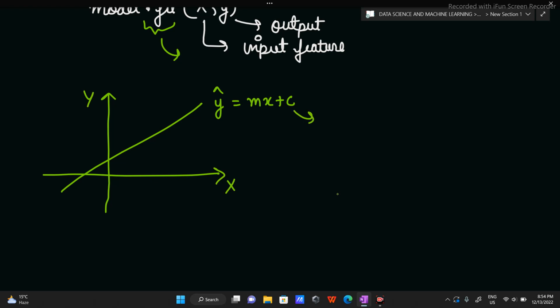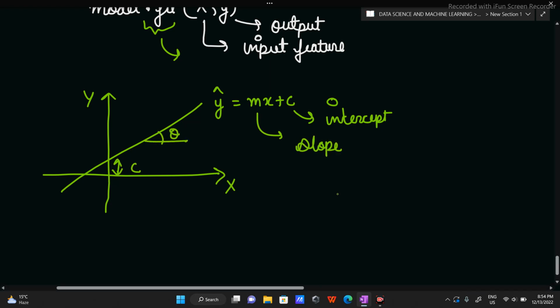This c is the intercept, and this m is the slope. At any point, if I draw this theta, then slope will be tan of theta. So this is my intercept.